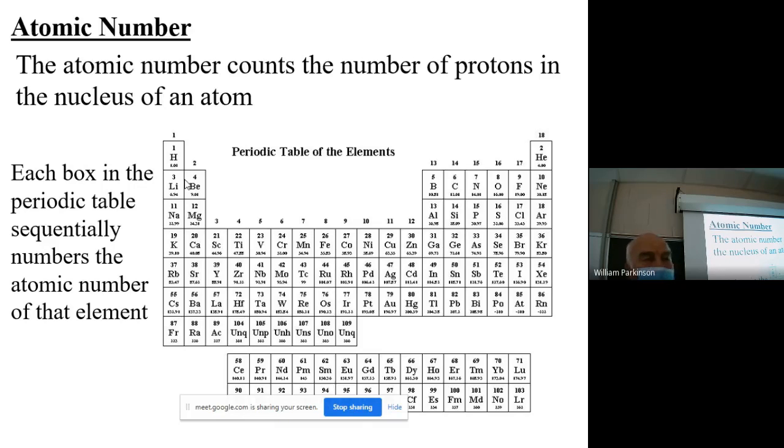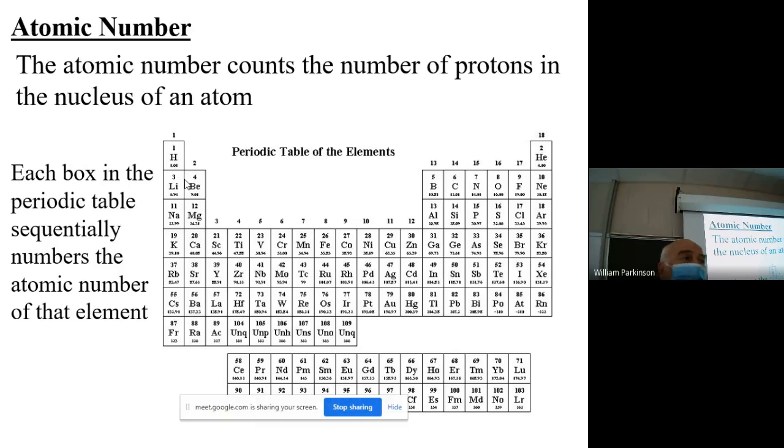All helium atoms have 2 protons in their nucleus. And I can just continue this anywhere I want in the table. Gold, element 79. Gold has 79 protons in its nucleus. Now, what you should notice is that no 2 boxes have the same number. That's because all elements are unique in the number of protons that they possess.